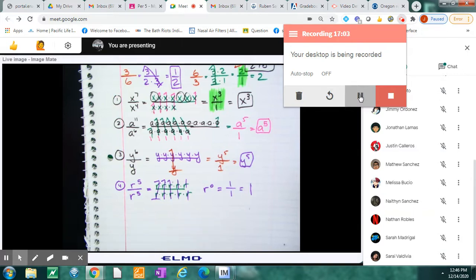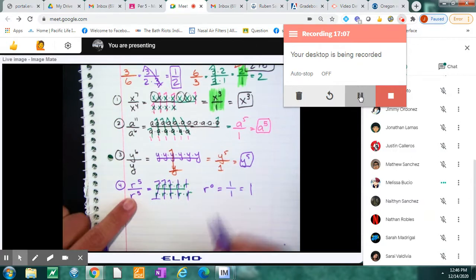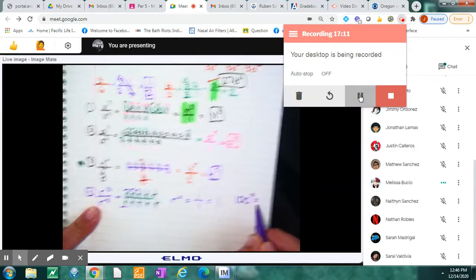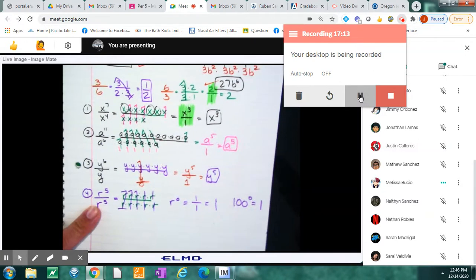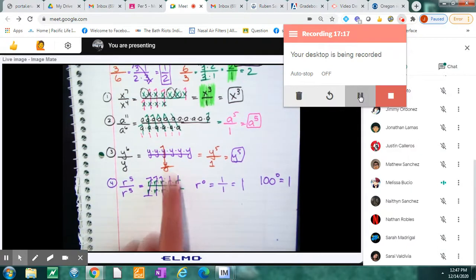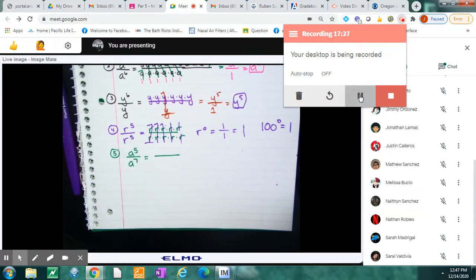Anything to the power of 0 is what? 1. I could have over here 100 to the power of 0 is 1. Because you don't have any, so it's just a 1 like this. See that? 1 over 1. That's kind of a thing you just got to remember. Anything to the power of 0 is 1.